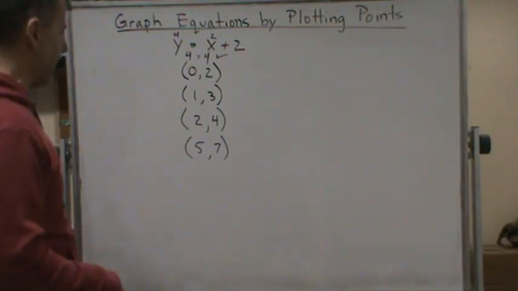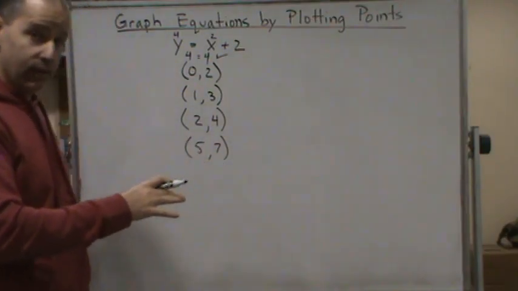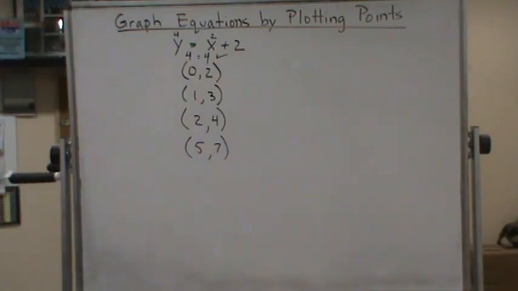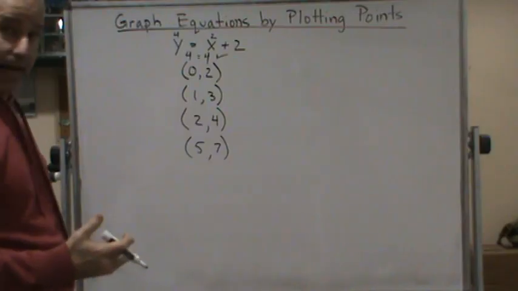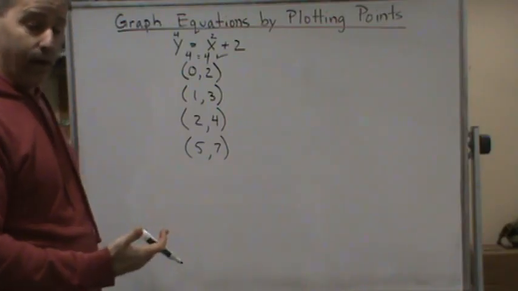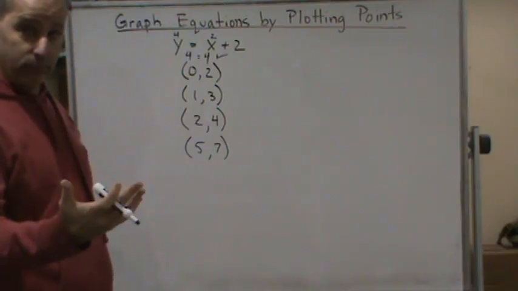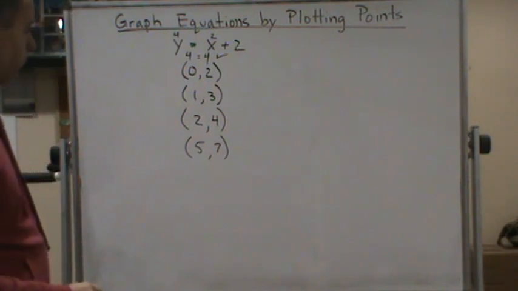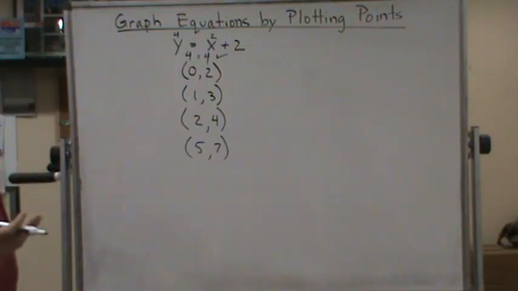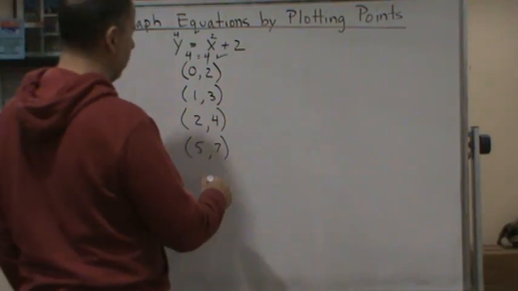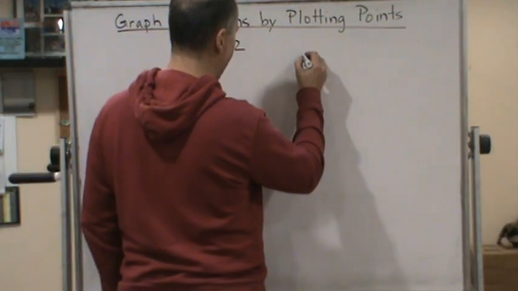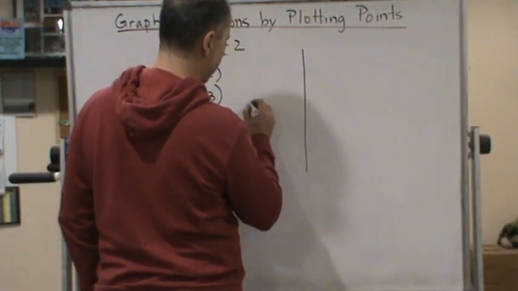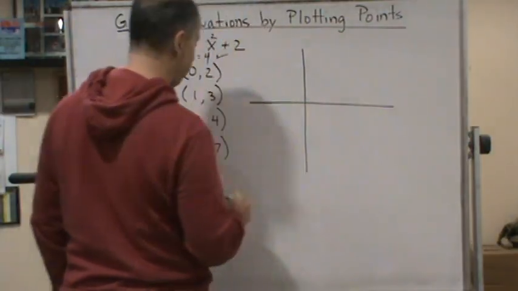Now, if I take the solution set and I plot those points on a rectangular plane, then that gives me the graph of the equation. So now, all I have to do is graph this. If I wanted to graph, all I need are 2 points.